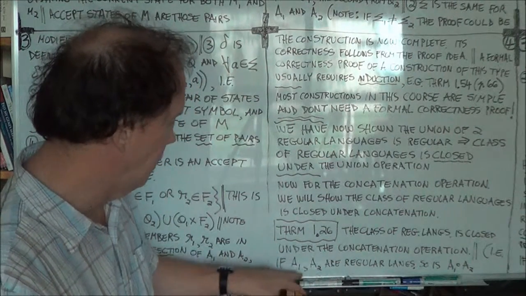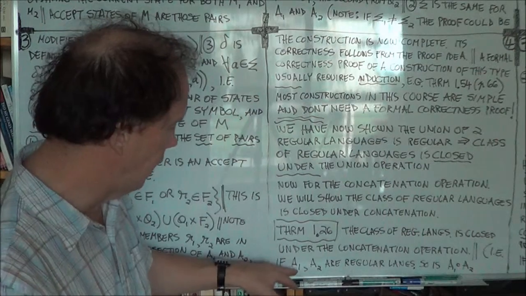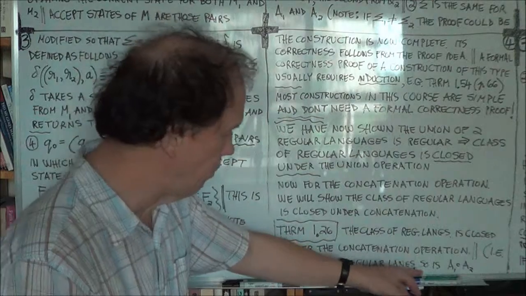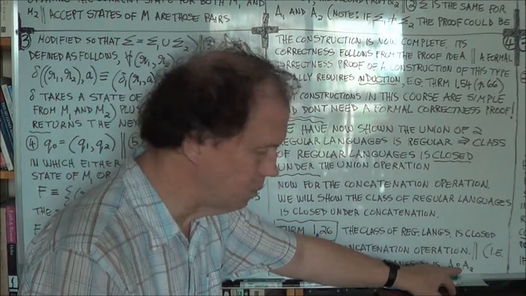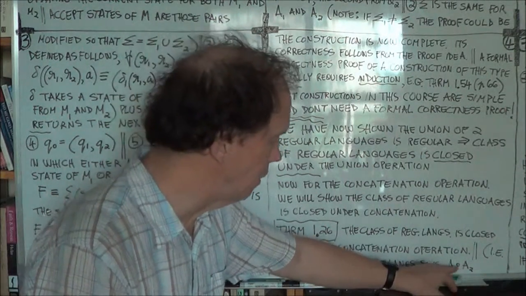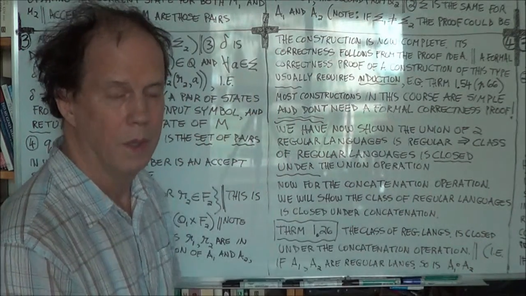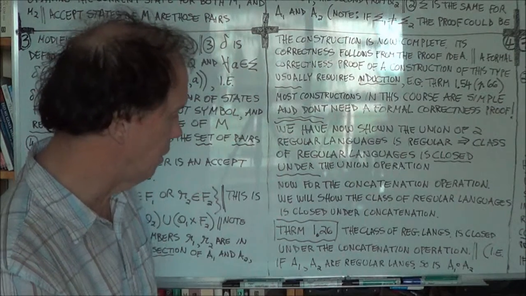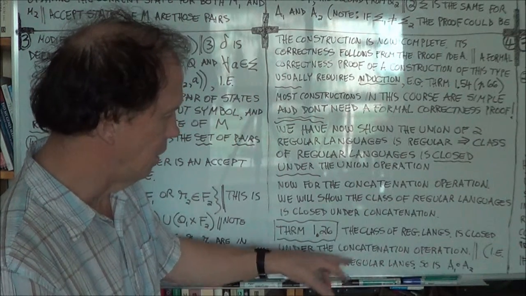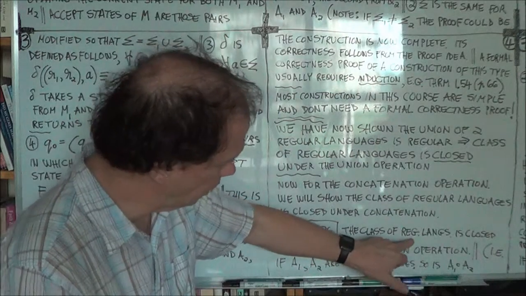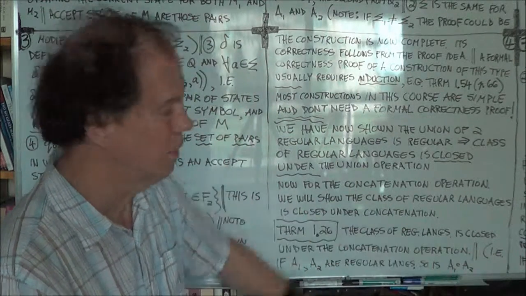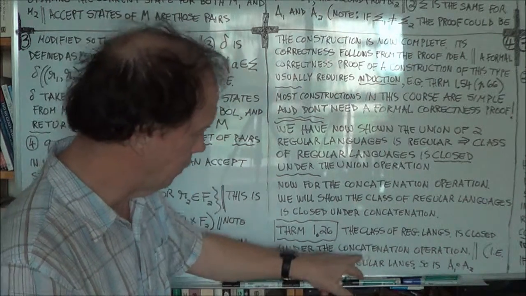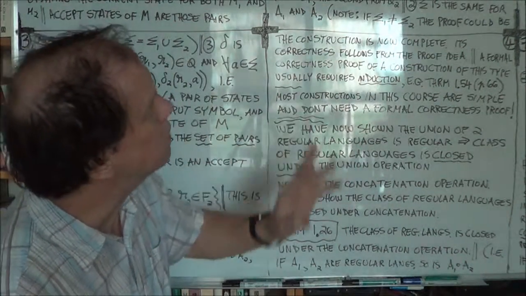So in other words, if A1 and A2 are regular languages, any two from that class, then A1 concatenated with A2 is also a regular language. So this class of regular languages, shorthand Reg. Languages, is closed under the operation of concatenation. Right?